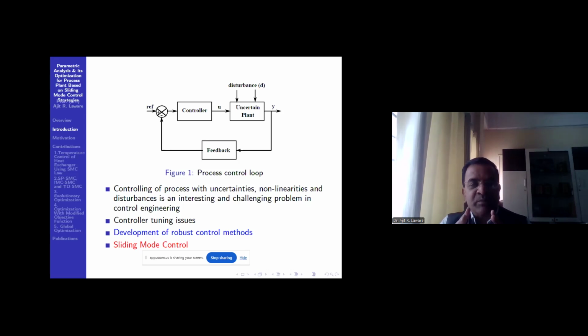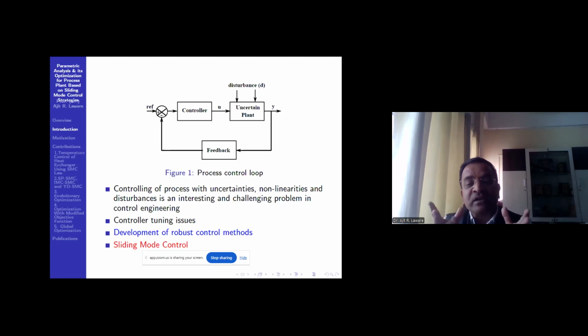Due to this, the PID often fails to provide satisfactory performance. You are well aware that PID for time delay systems never gives satisfactory performance, and it has to be retuned again and again. There may also be the derivative kick if you use a PID controller.